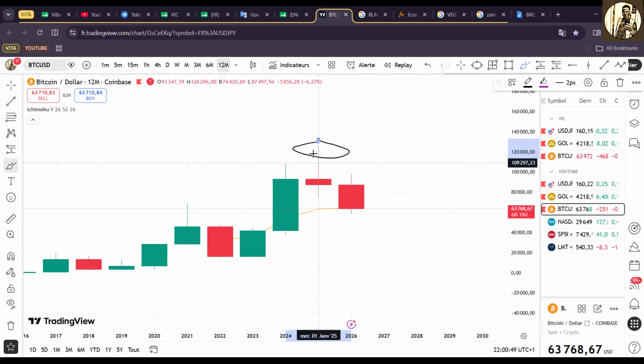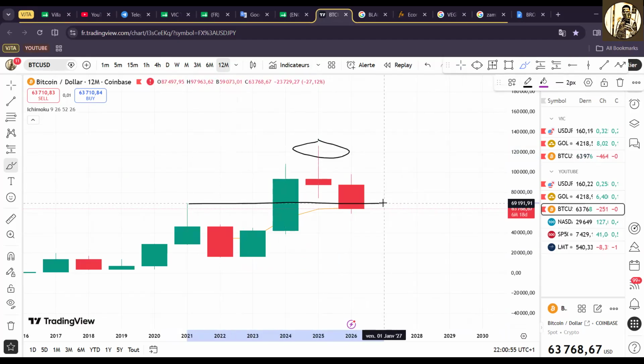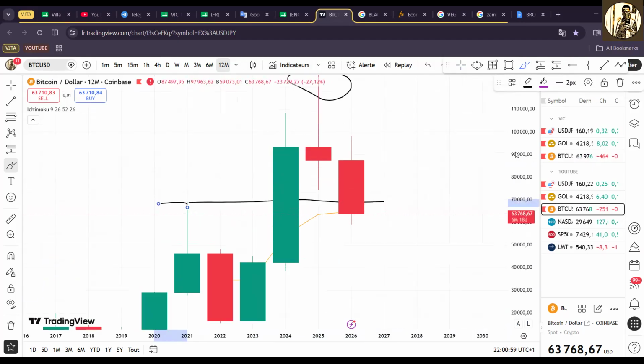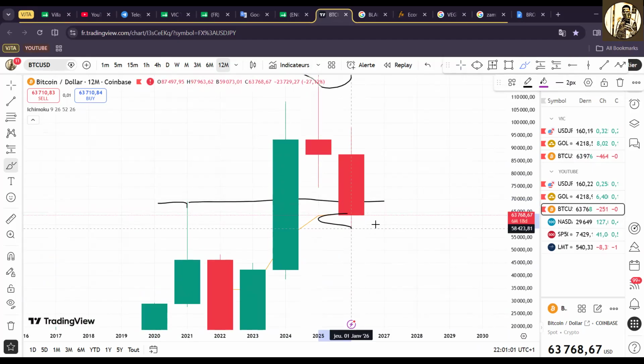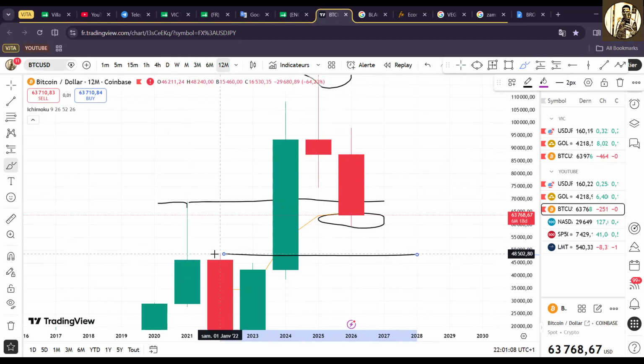Normally, when the price was at this top, it must have come back and bounced directly on this green candle, but it did not. The price is now inside Tenkan, and normally the price must come and bounce on this red candle at the bottom instead.